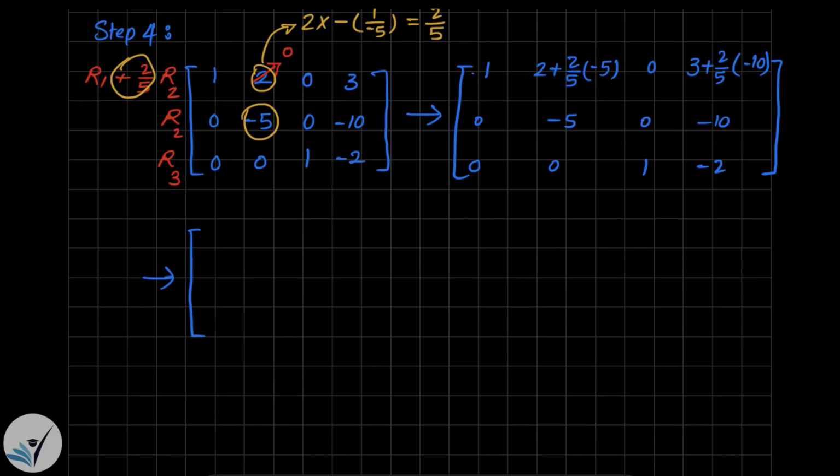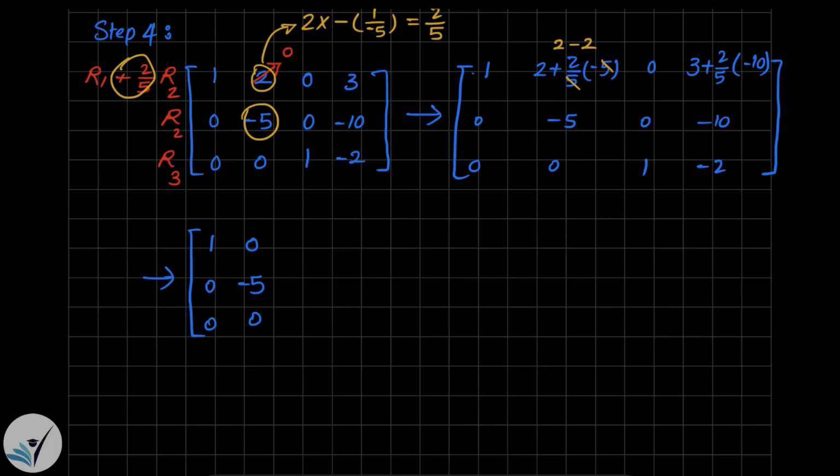So the result would be 1, 0, and 0 on the first column. The second column, this 5 and 5 cancel out, and we have 2 minus 2. So the result would be 0, -5 and 0.